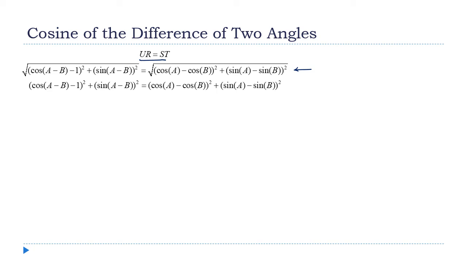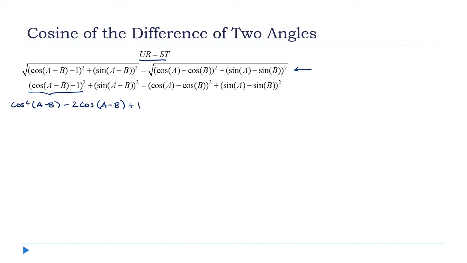From here is where it starts to get messy before it gets clean. I've got all these things being squared, so I'm going to multiply them out. This first piece becomes cosine squared (A minus B) minus 2 cosine (A minus B) plus 1.